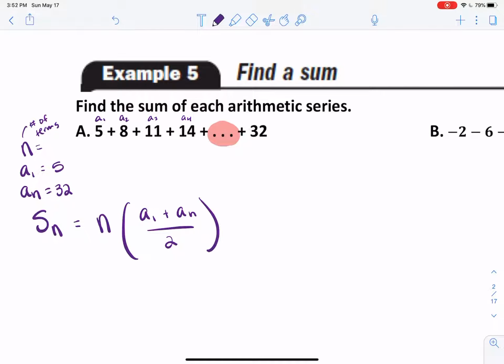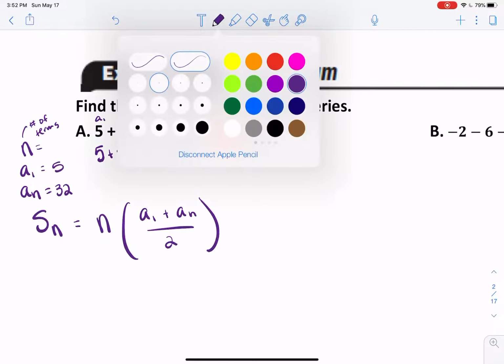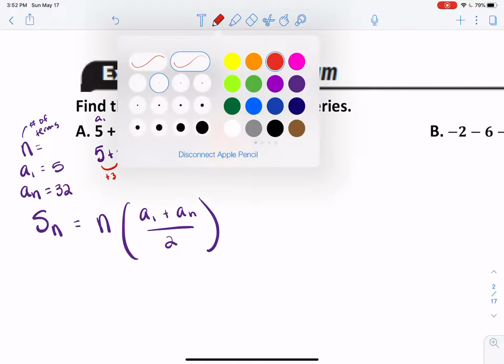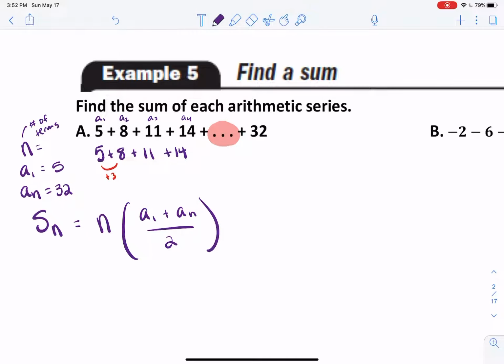Let's rewrite this and fill in the dot, dot, dots. I've got 5, 8, 11, 14, and you can probably see that we're adding 3 each time. So to fill in, I can just keep adding 3: 17, 20, 23, 26, 29, and 32.